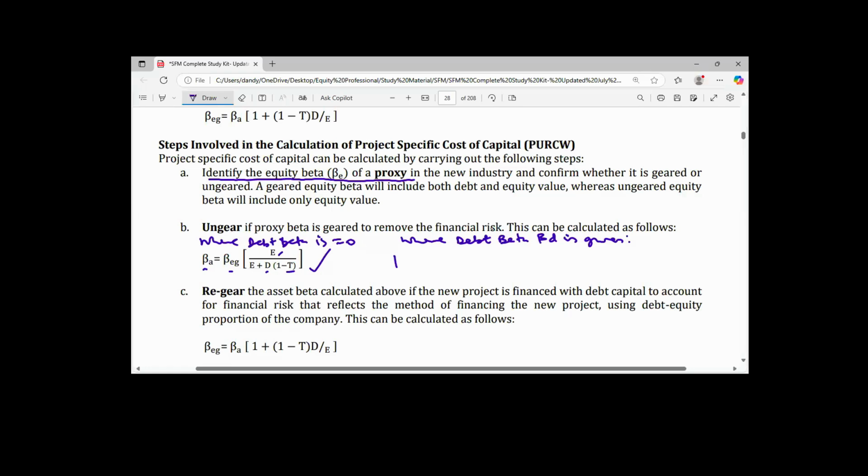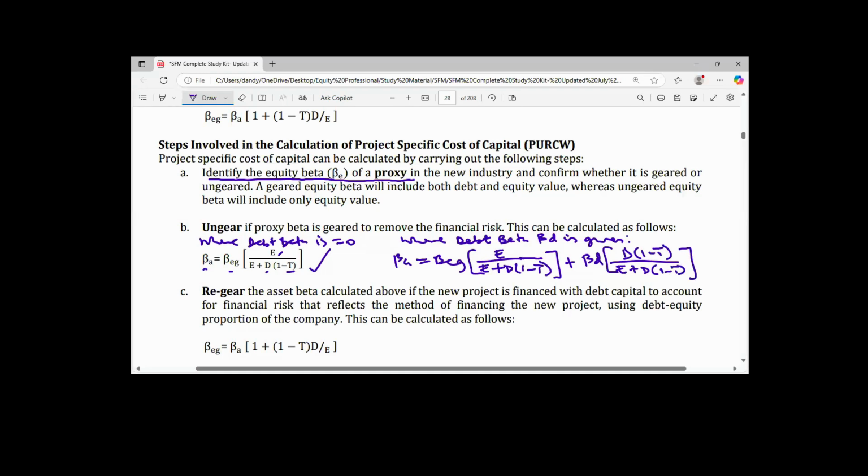Using the extended formula, you then say beta assets equals beta equity of a geared company multiplied by equity value divided by equity value plus debt value times 1 minus tax, plus debt beta multiplied by debt value multiplied by 1 minus tax, over equity plus debt times 1 minus tax.